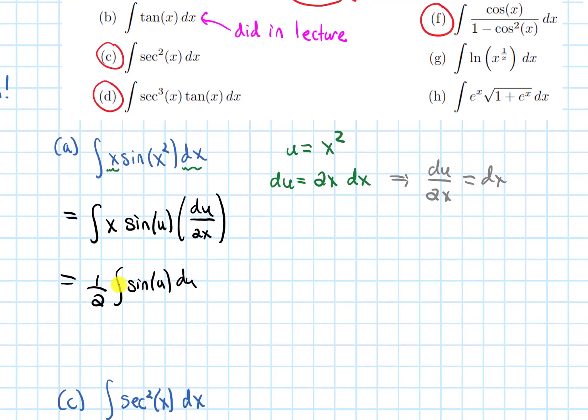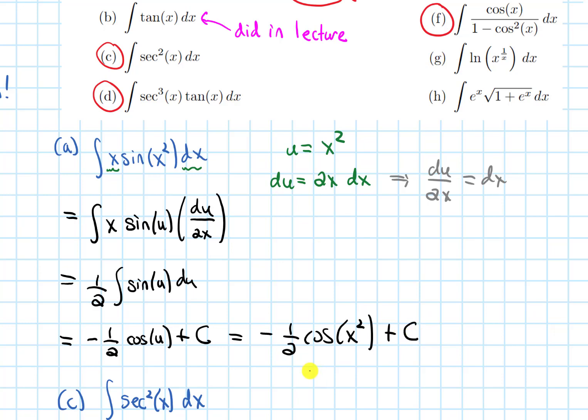And the antiderivative of sine is going to be negative cosine. So we'll get negative 1/2 cosine of u plus c. Then we got to plug back in for u, which gives us negative 1/2 cosine of x squared plus c. And that's our answer.